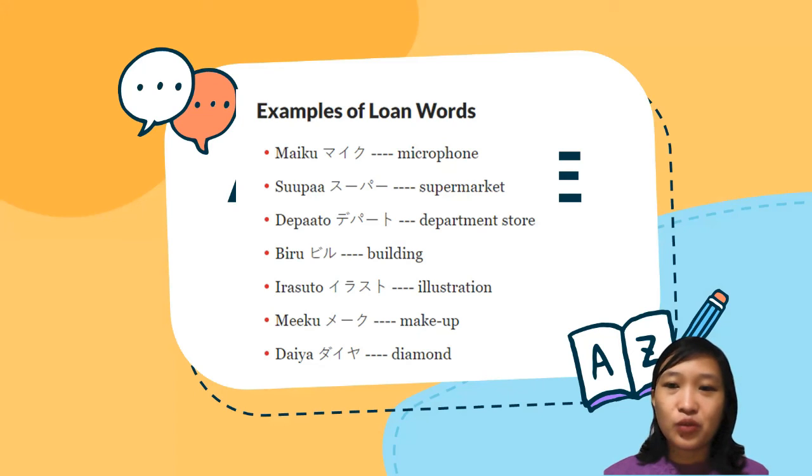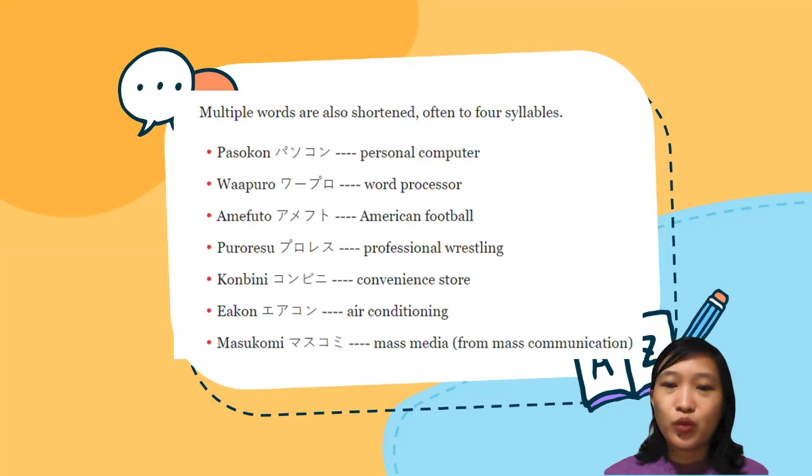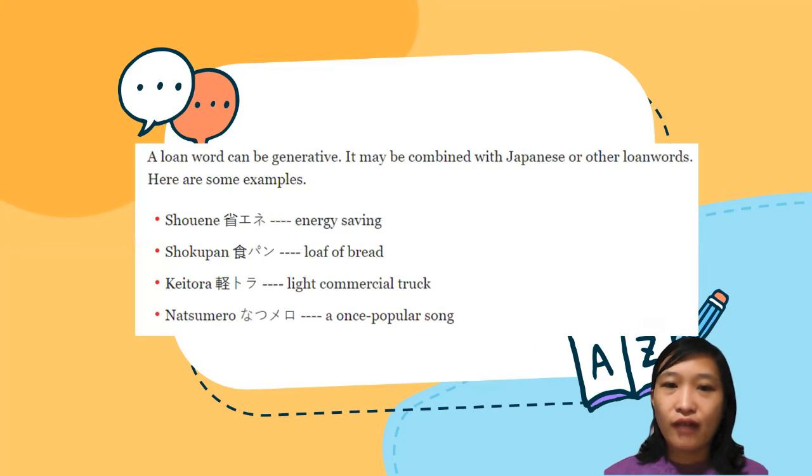Most Chinese loanwords are written in kanji and carry the Chinese reading. So here, multiple words are also shortened, often to 4 syllables. We also have loanwords that can be generative, which means relating to or capable of production or reproduction.